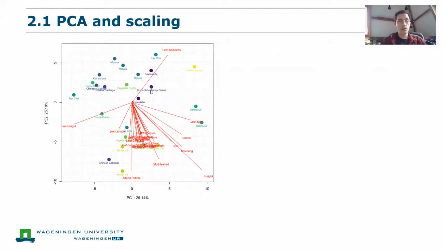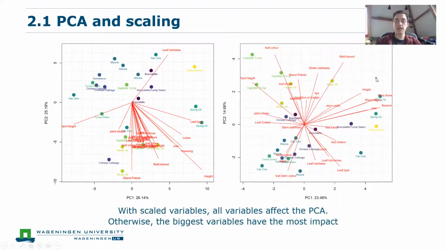One important thing to note is that PCA is also sensitive to scaling. I've been showing you now the PCA of unscaled data, but if we scale the data, then we obtain this kind of PCA. And what you can see is that suddenly the directions of the loading vectors have changed, and also the sizes. This actually happens because with the unscaled data, plant height, leaf hairiness, and petiole were having the most impact on the PCA and on the distribution of points in the principal component plane.